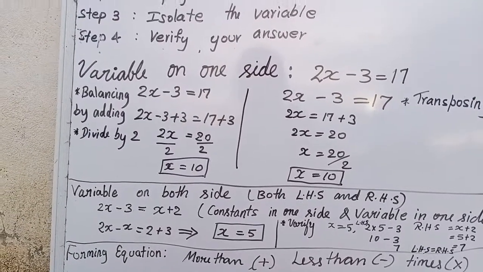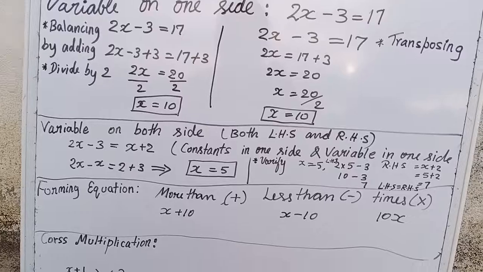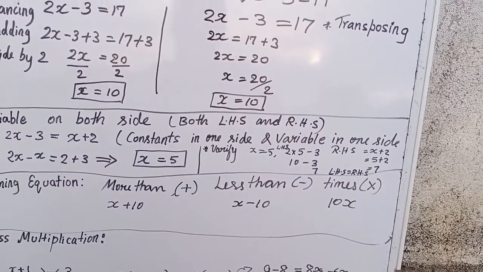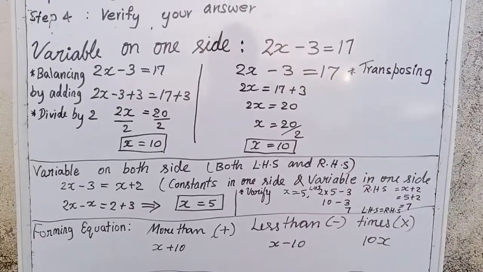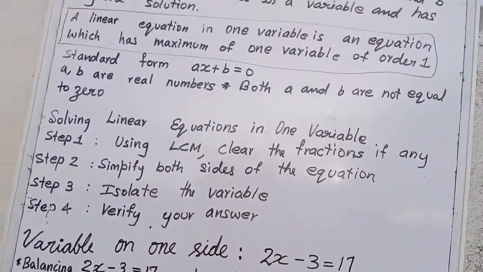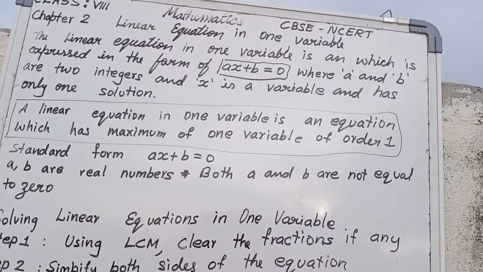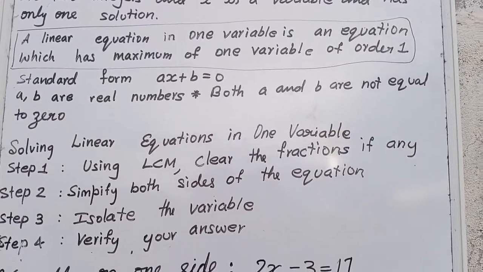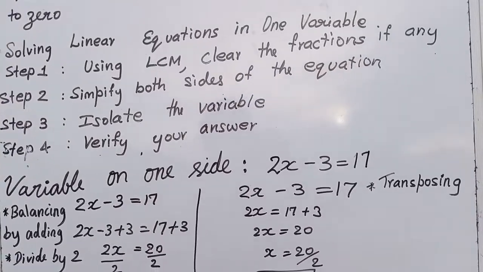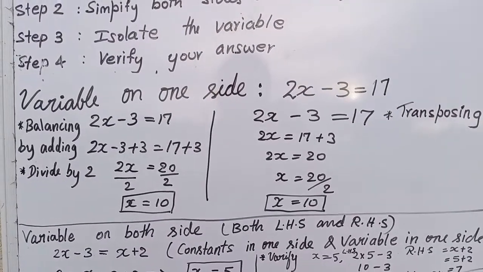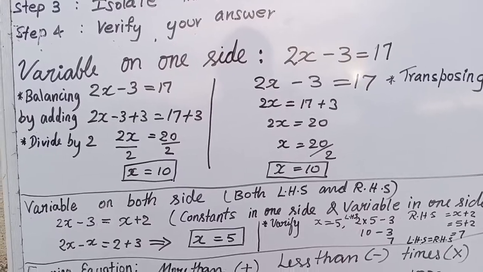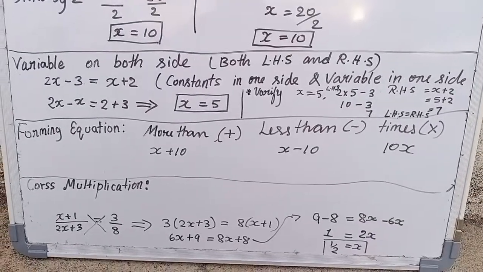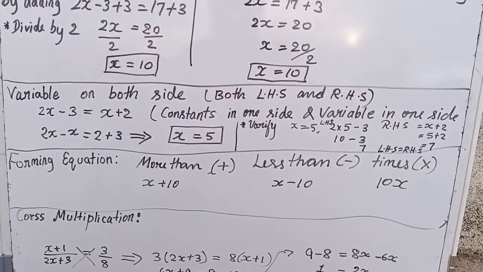It may ask you to frame the equation. It may ask you to cross multiply and find the variable value. Hope you understood how to solve all these linear equations in one variable. So enjoy the linear equations. By using these different methods, you can solve the equation and find the variable. Thank you one and all.